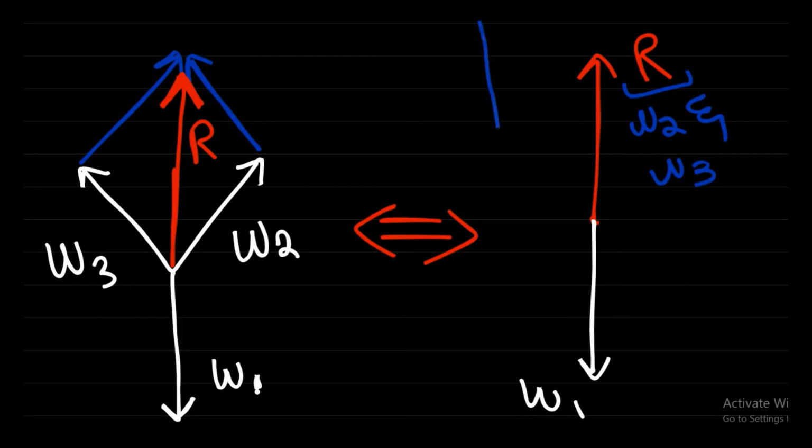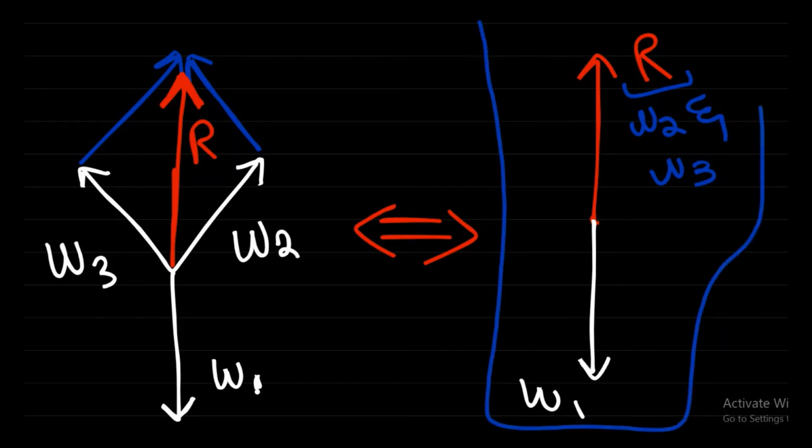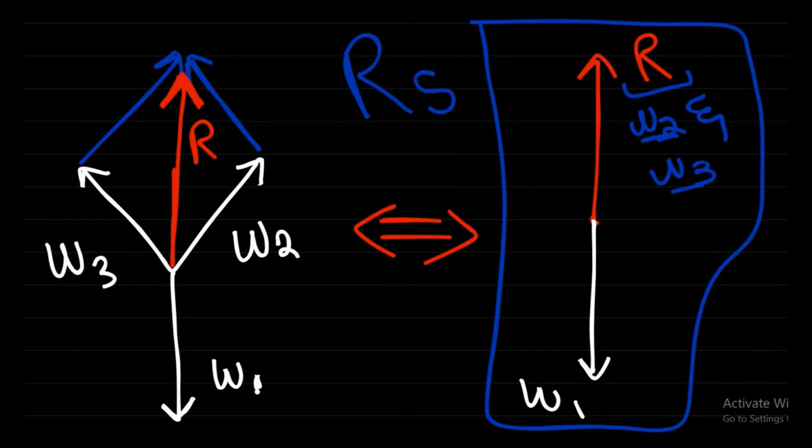Now if you want to find the resultant of this system, that will give you RS, because now you have W1 and you have the combined effect of W2 and W3 incorporated in this system.